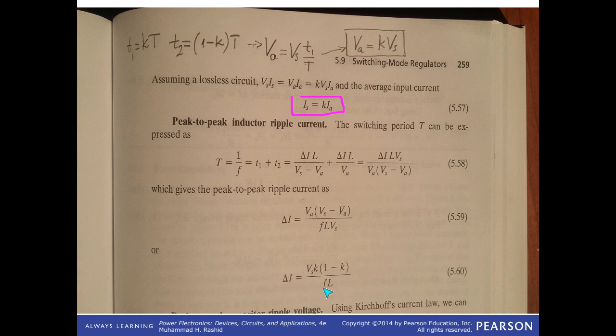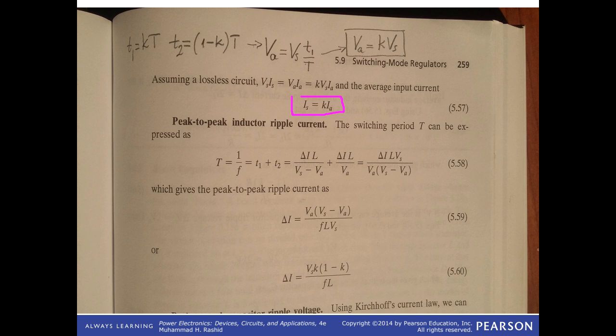For example, 10, 20 kilohertz was used mainly, but now even higher than those are widely used. 100, 500 kilohertz. Of course, switches should be capable of turning on and off at that frequency. All right. So this is what we have discussed.